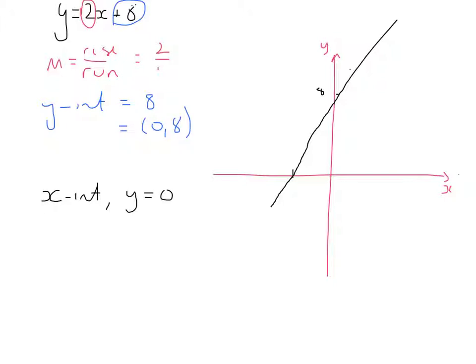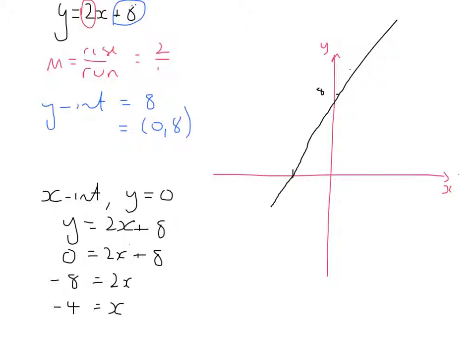So we have y equals 2x plus 8, but y is equal to 0, so 0 is equal to 2x plus 8. Take away 8 from both sides, so negative 8 will equal 2x. Then divide both sides by 2, we have negative 4 is equal to x.